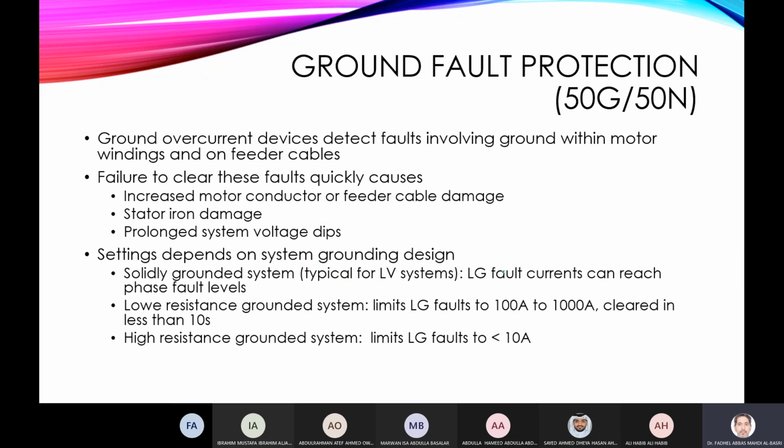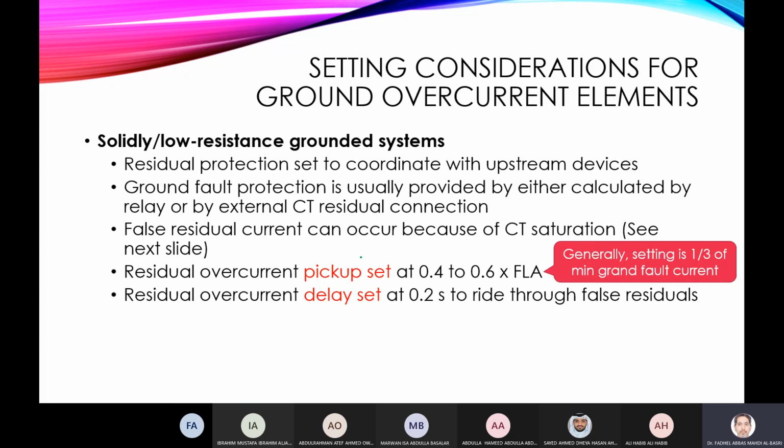As I mentioned, for a low resistance grounding system, the current is high, so 40% of your full load is enough. And for the time delay, we delay 0.2 seconds in order to ride through false residual, false asymmetrical currents.